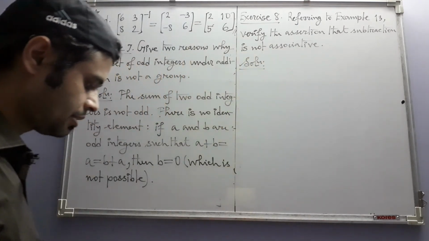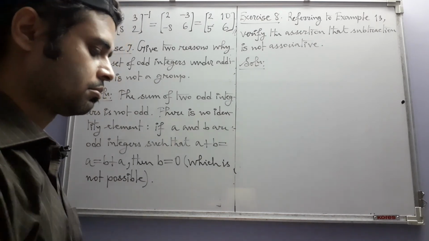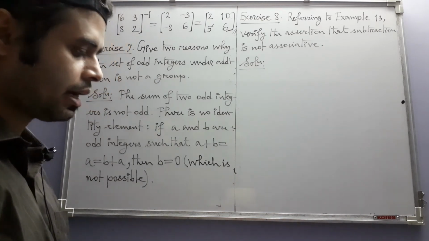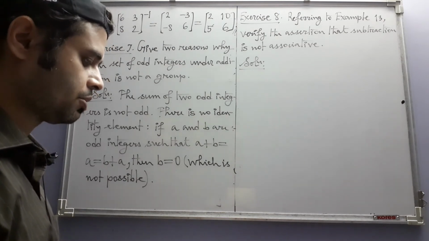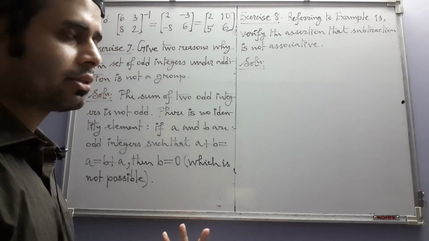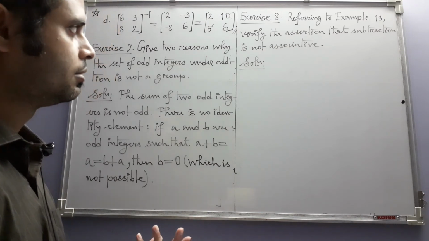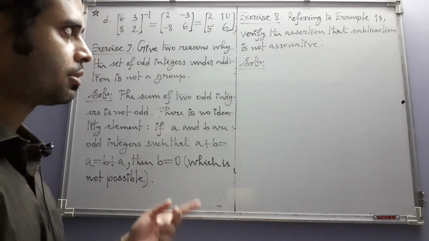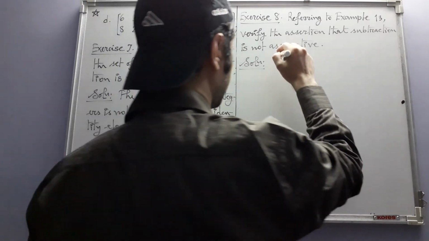So in example 13, I think the set we have is the set of integers, or maybe the set of positive integers. I don't remember exactly, but to be on the safe side, let's consider positive integers, and using them, let us show that subtraction is not associative. It's very easy to find a counterexample.